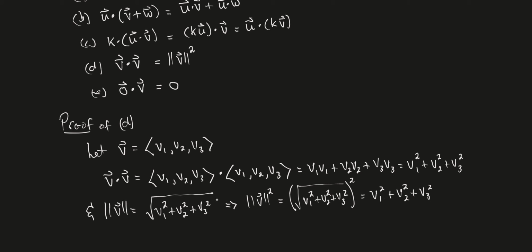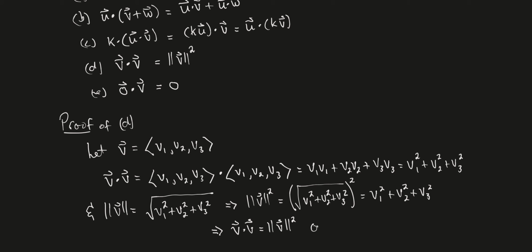So therefore, if you take the dot product of a vector with itself, so v dot v, it's the same as squaring the magnitude of v. So this implies that v dot v is equal to the magnitude of v squared.